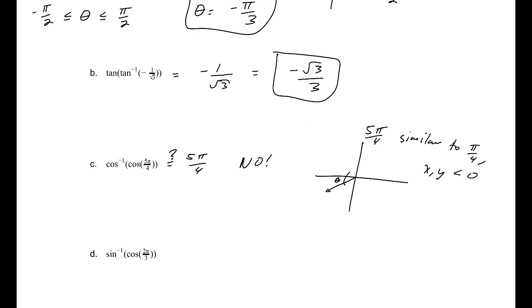So then cosine of 5 pi over 4 is root 2 over 2, but it's negative.